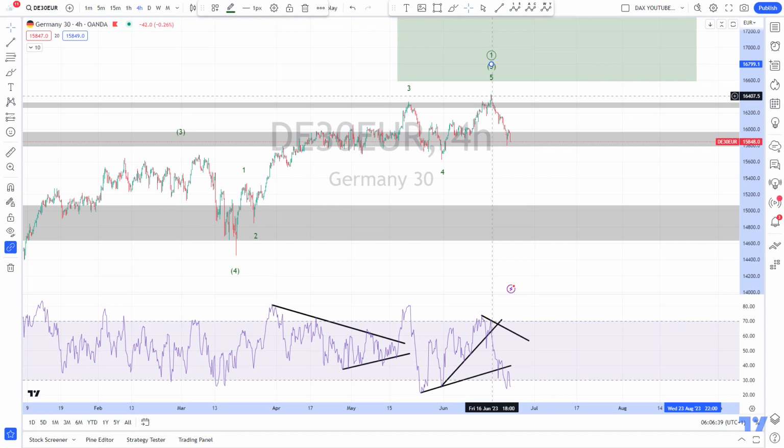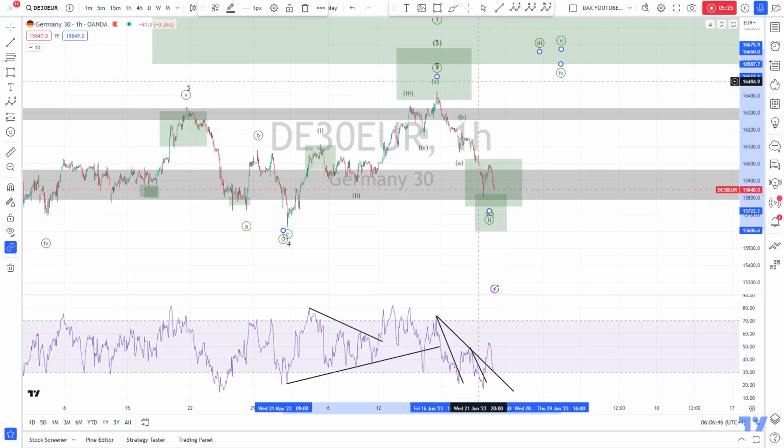And so if we assume that this is the high, then there are some other possibilities. So if this is here the high, then after this high we should have an impulse down, and this is actually also possible.